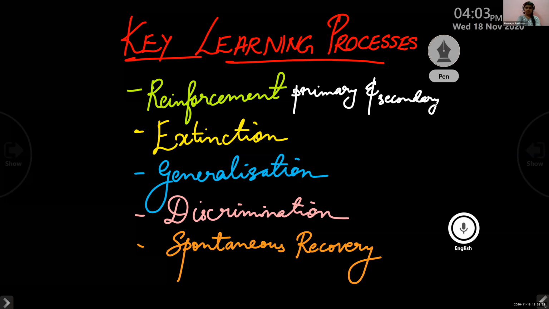No. Why? Because he is not getting reinforced. The reinforcer is not present there. So extinction happens. There also, the rat will not go and press the lever anymore. Okay? The extinction or the disappearance of a learned behavior or a learned response happens. That is known as extinction.